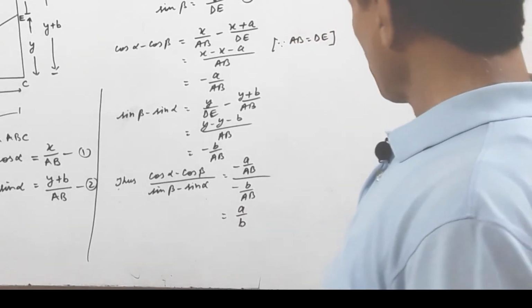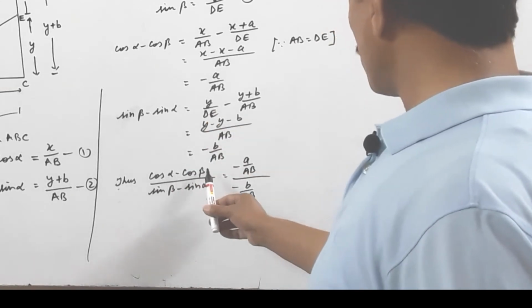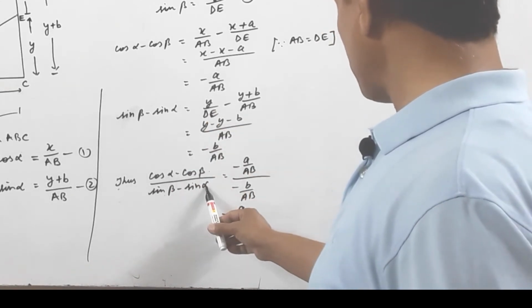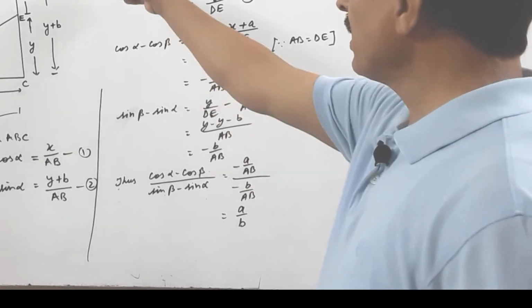Thus (cos alpha minus cos beta) upon (sin beta minus sin alpha) is equal to a upon b.